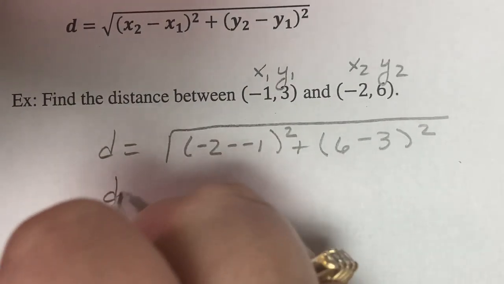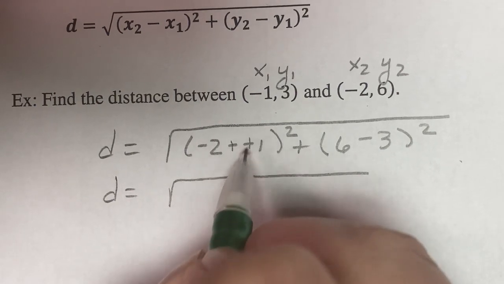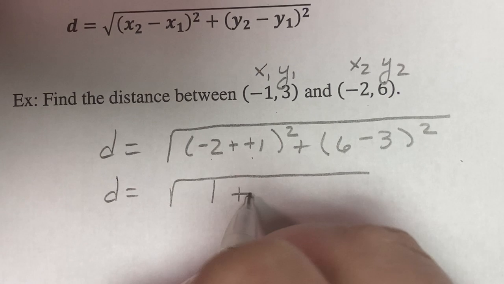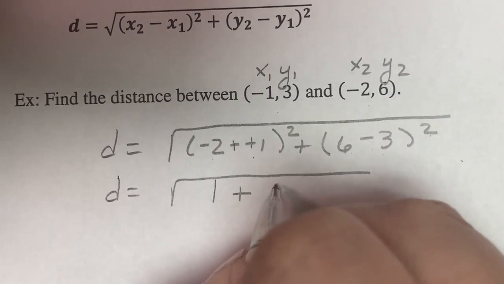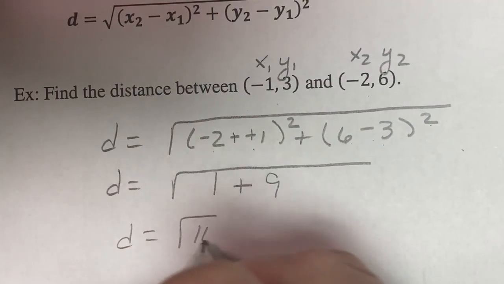Literally plug and chug. So let's see, -2 minus -1, that's -1 squared is 1, plus 6 minus 3 is 3 squared, which is 9. You get the square root of 10.